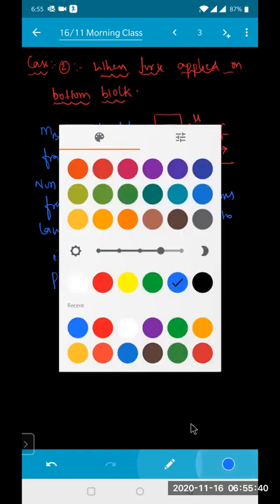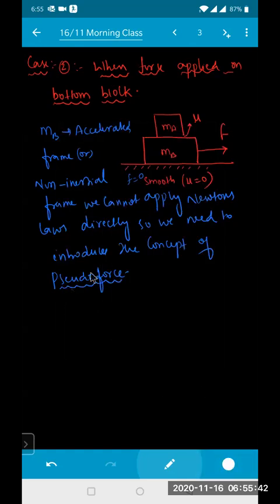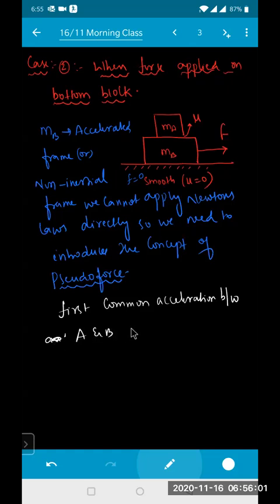Whenever you are doing such a type of question, first calculate the common acceleration between them. The common acceleration between A and B: this is A, this is B. Since this one moves on that, mA and mB have the same acceleration.